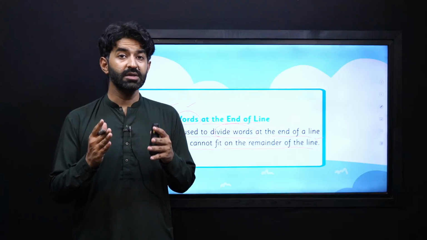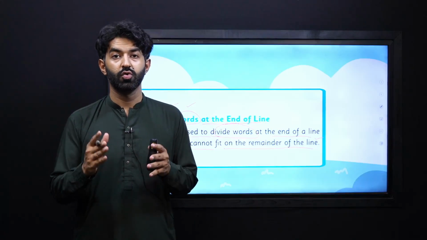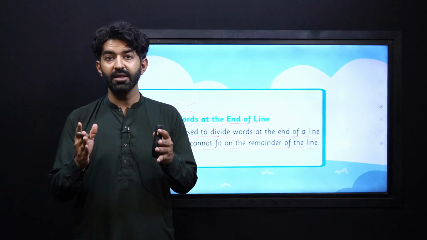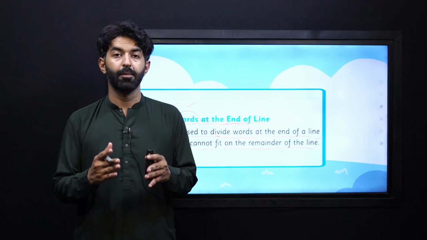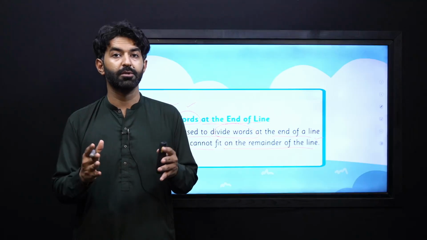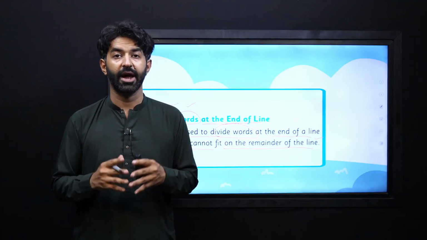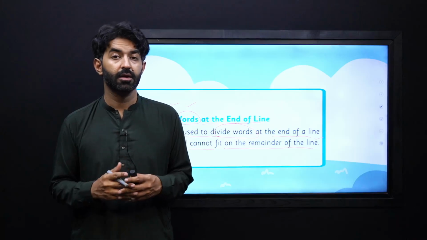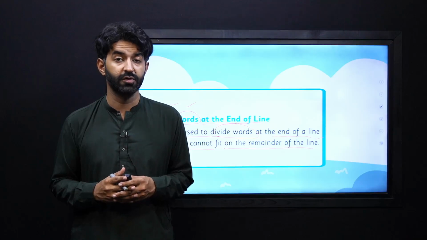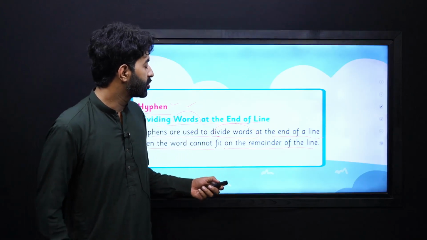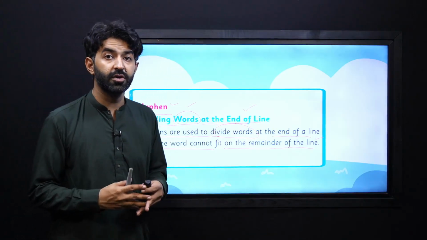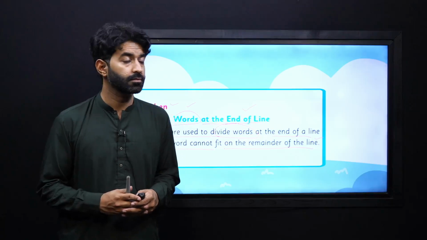So this is when you use your hyphen to break down the word, to tell the reader that it is one word, but because of this lack of space, you broke it down in this kind of way. So this is what we can use hyphen for. There are so many other purposes of using hyphen, but we have gone through this one, so it is very much clear that we use it to divide words at the end of the line.